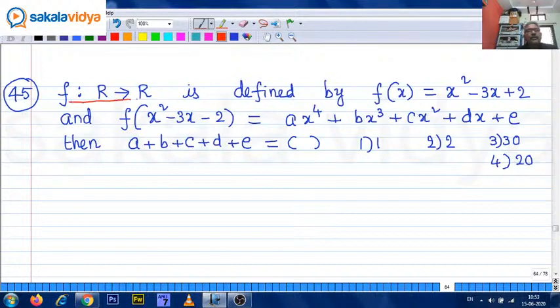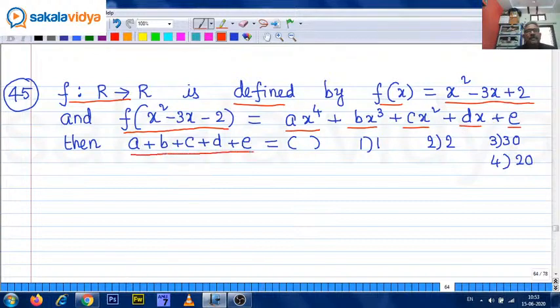f maps R to R is defined by f of x equals x square minus 3x plus 2 and f of x square minus 3x minus 2 equals ax to the power of 4 plus bx cube plus cx square plus dx plus e. We need to find a plus b plus c plus d plus e.